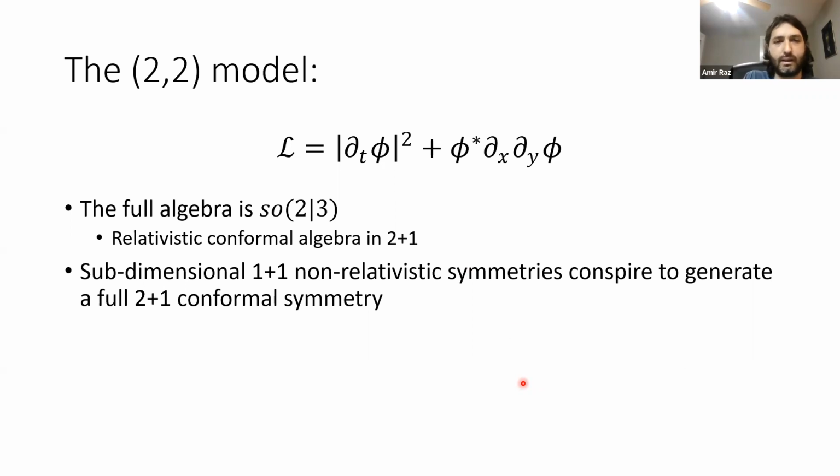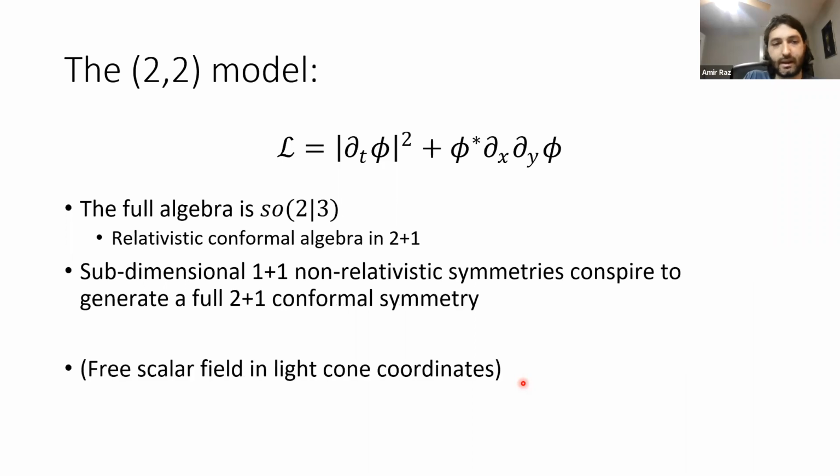You might ask, well, why is this? Where is the symmetry coming from? That's actually because this Lagrangian is a free scalar field in light cone coordinates.